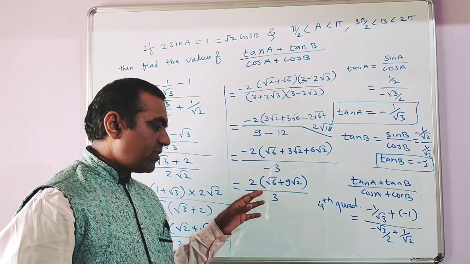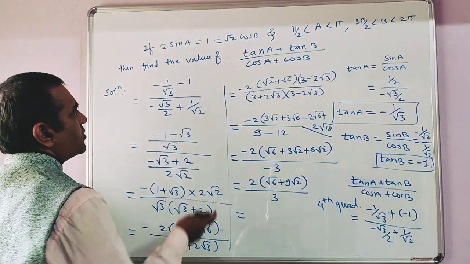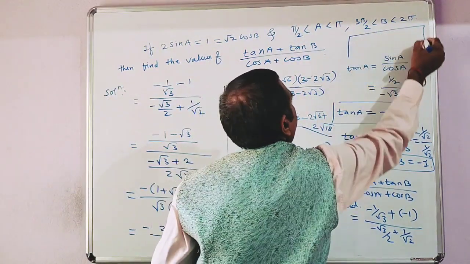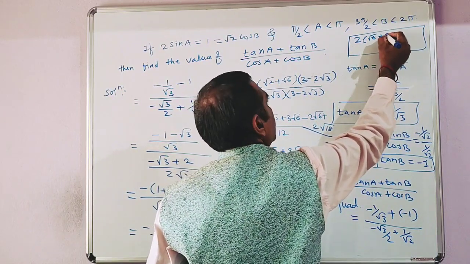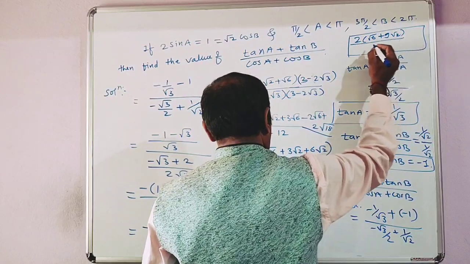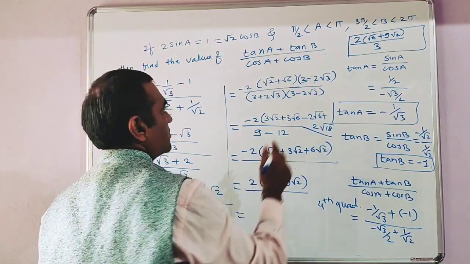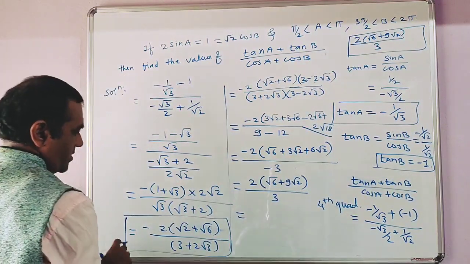You can find out this way, or you can use the second method to solve this. See what the answer is here. Write down 2 in bracket root 6 plus 9 root 2 upon 3, or you can write this minus 2, 3 root 2.